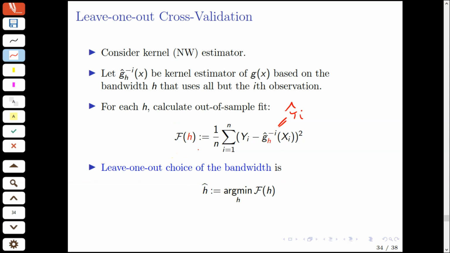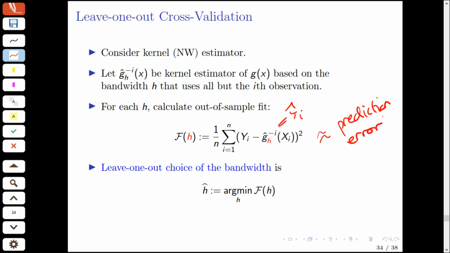And since this expression is a measure of prediction error, it seems, at least intuitively, like a good idea to minimize this expression, or to choose a bandwidth which minimizes this expression.